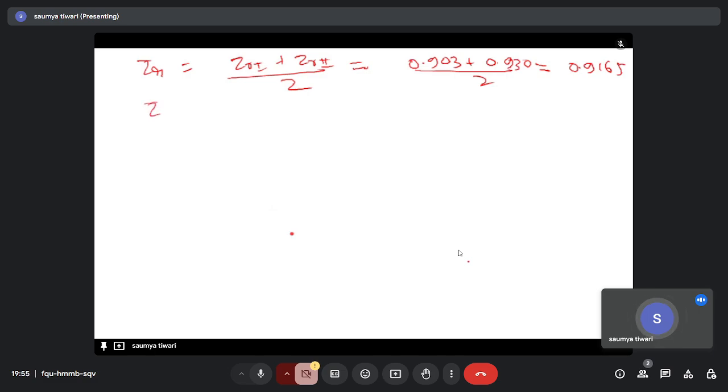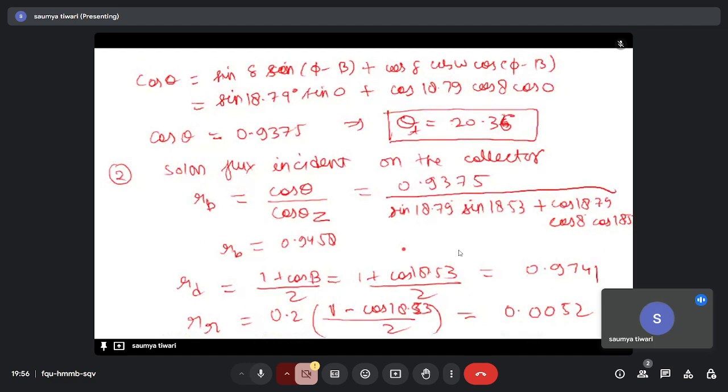Now, to calculate due to absorption only, you might remember another formula, where it will be e to the power minus k delta c into cos theta 2. Okay, so we know the value of k, right?